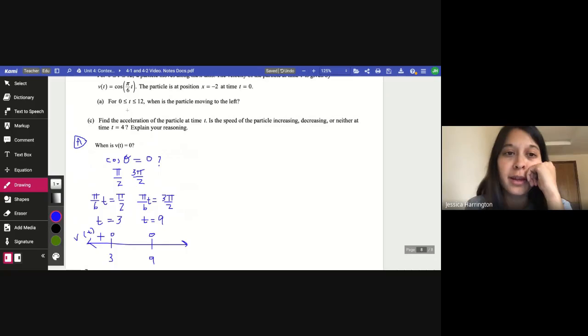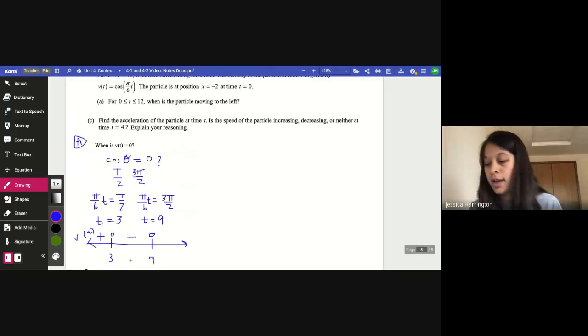So cosine of 6 pi over 6 is just cosine of pi. And what is cosine of pi? That's negative. And then I can come and pick one over here. I could pick 12, and I would end up with 12 pi over 6, which is 2 pi. So that's positive again.